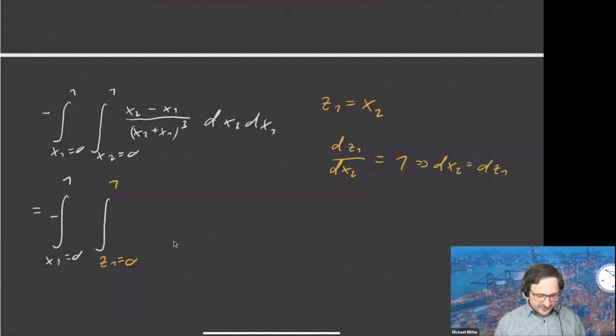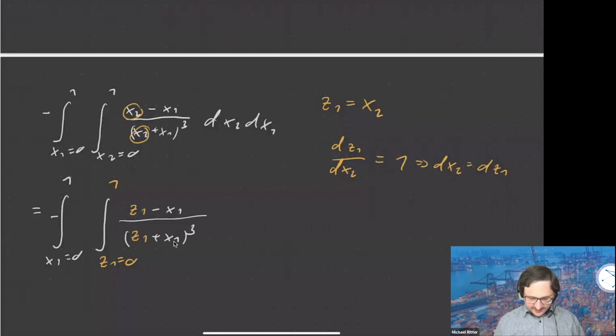And then I change those variables: I have an x2 here and an x2 here, so I get a z1 here and a z1 here, and I'm not changing any of the rest. And as I said, the dx2 needs to be substituted by dz1. So instead of dx2, I'm writing dz1. And again, I keep the x1 part. Okay, so that's the first substitution step, where I substitute z1 for x2.